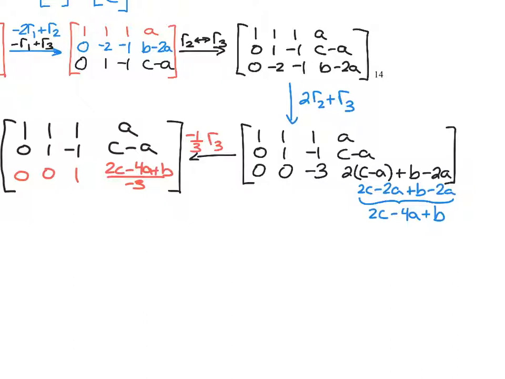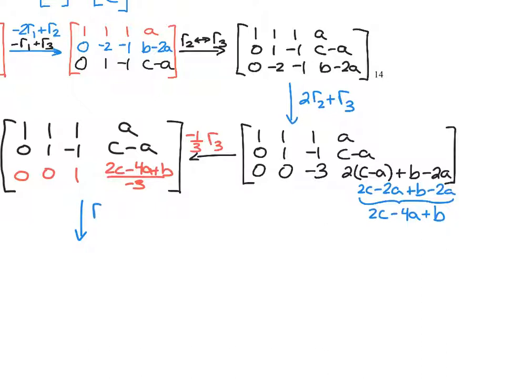All right, we can actually wipe out the negative 1 in row 2 now by adding row 3 and row 2, which is one of those things where you're like, that was the one thing I was hoping I wouldn't have to do. But that's what needs to happen, or it's one of the things that needs to happen.